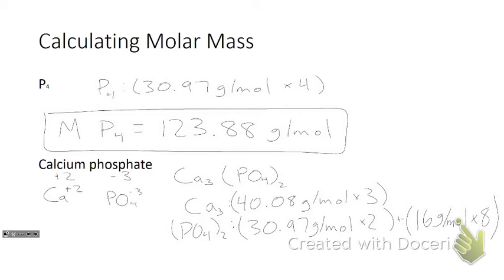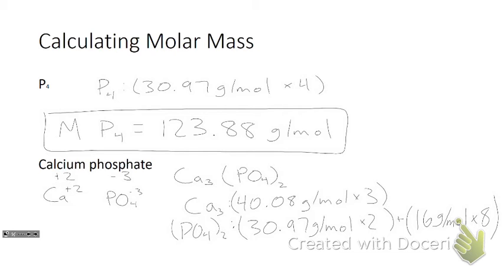Okay, so I did this example in particular because I want you guys to be careful with your brackets and the polyatomic ions, okay? So let's just put these in your calculator. So 40.08 times 3 plus 30.97 times 2. And I'm doing all that in the brackets just like we see up here, okay? Brackets are our friend. And then 16 times 8.